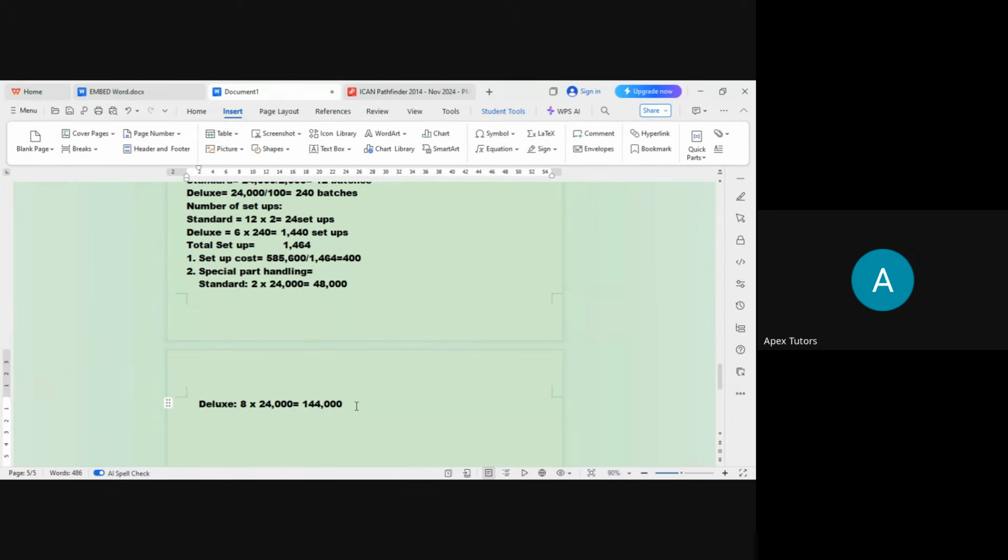So the total will be what? 48 by 144. 190. Okay, 192,000. So this is the total number of special parts.